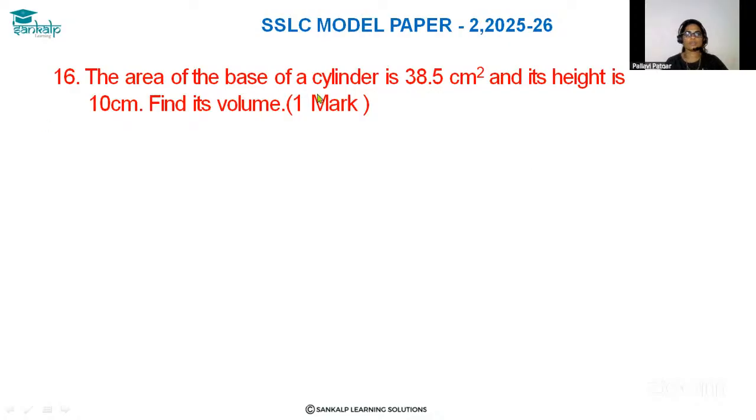The area of the base of a cylinder is 38.5 centimeter square and its height is 10 centimeter. Find its volume.